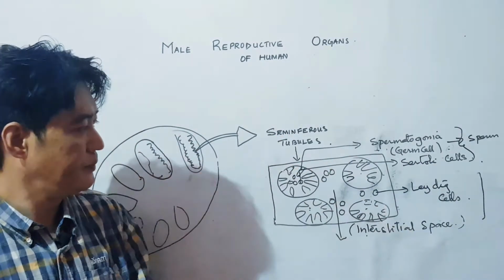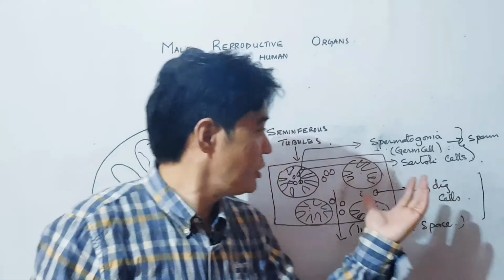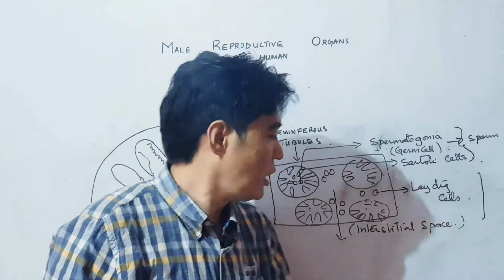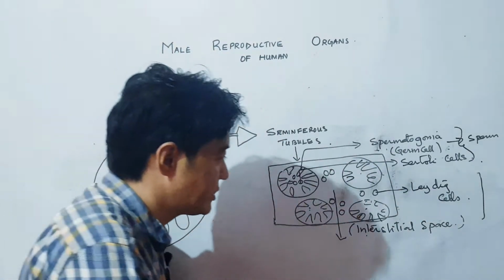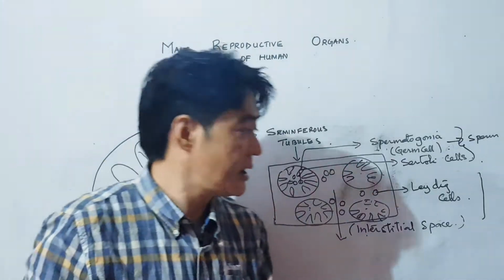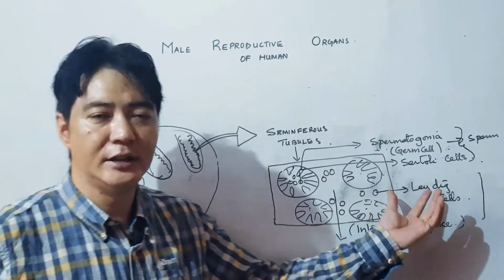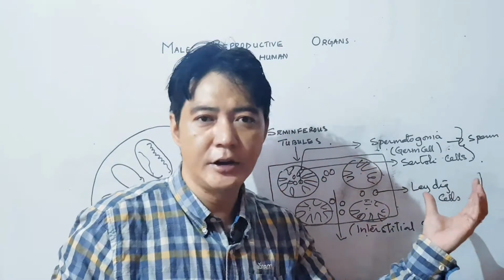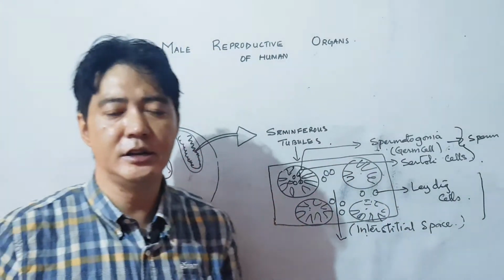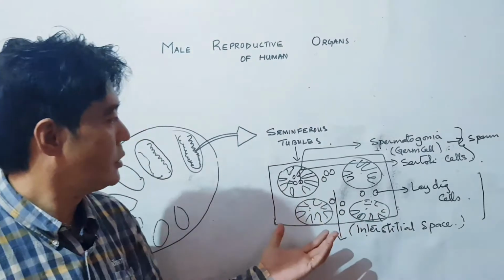Later on we'll see. And the space in between the seminiferous tubules is known as interstitial space, which is composed of blood vessels and consists of a specialized cell, the cells of Leydig. Leydig cells have endocrine functions and produce testosterone. Later on we'll study the function of testosterone.